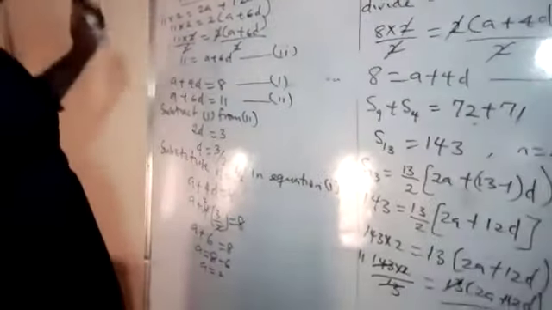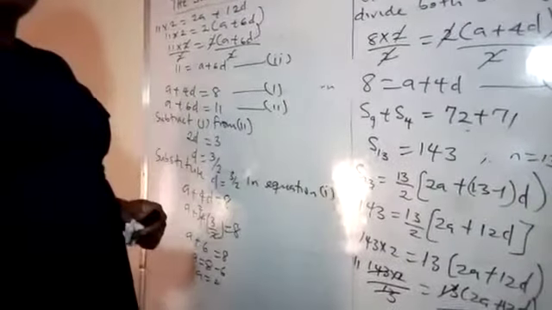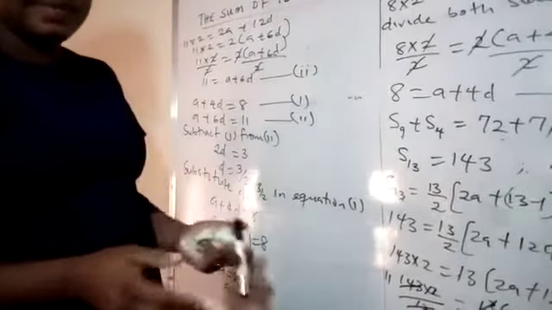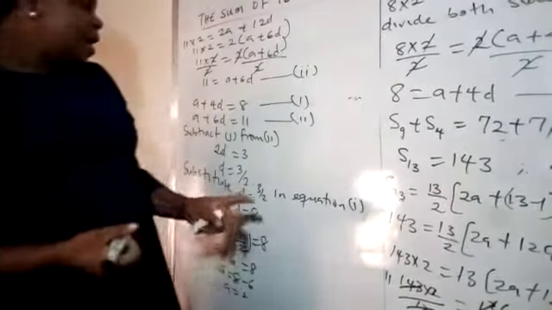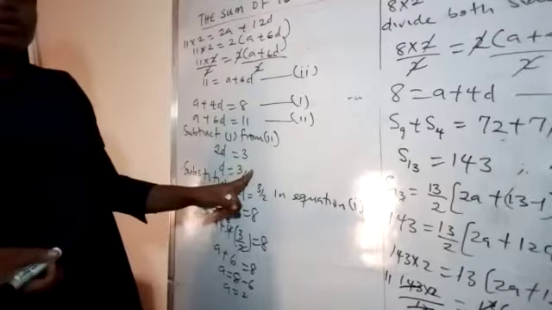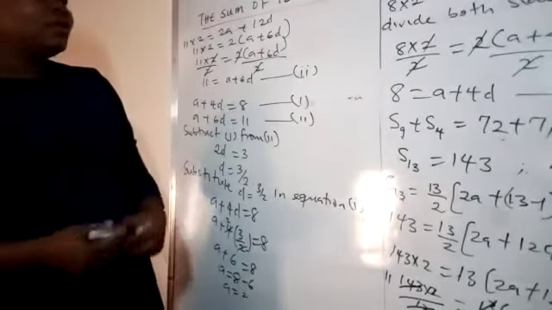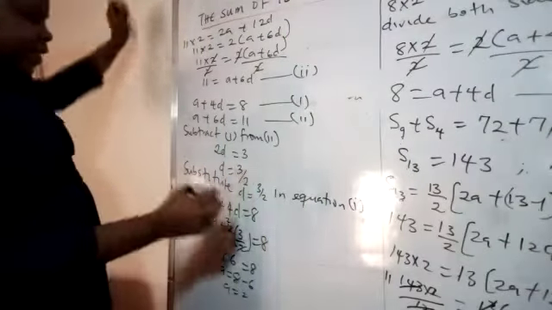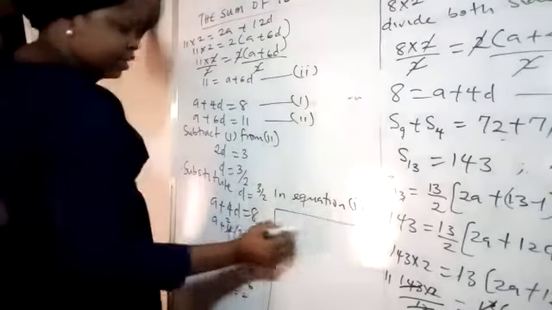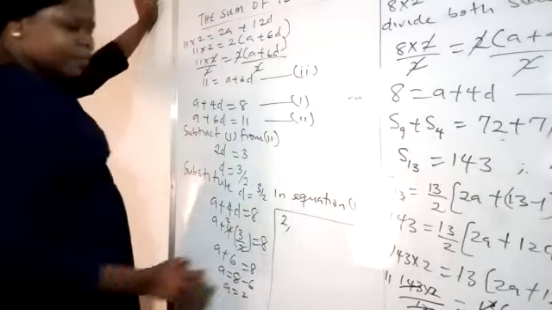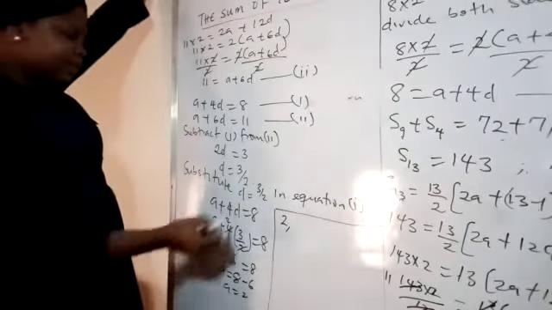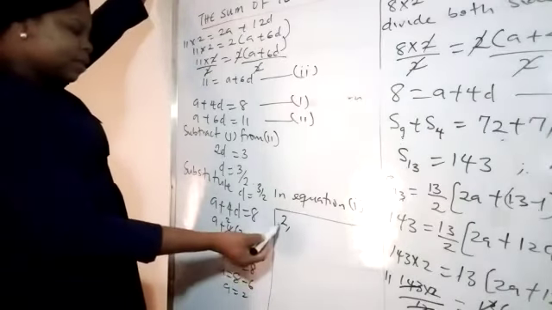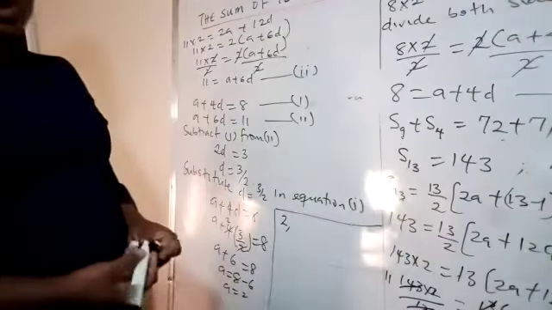Meaning that the first term is 2. The question says we should find the AP. Now, knowing that the common difference is 3 over 2, it is easy for me to find the AP. Your first term is 2. To get the second term, I have to add the common difference. So the first term is 2.